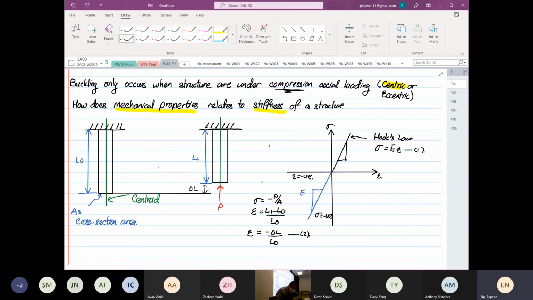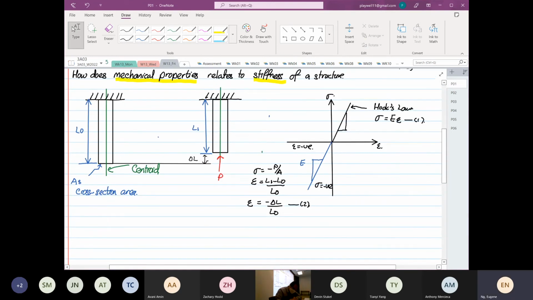And then we know that normal stress, I've written this before, is equal to minus P over A, right? Because it's in compression.